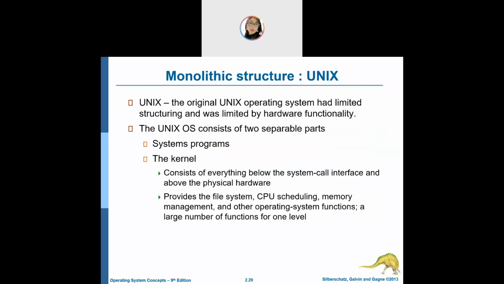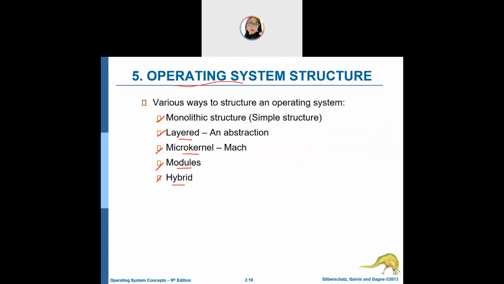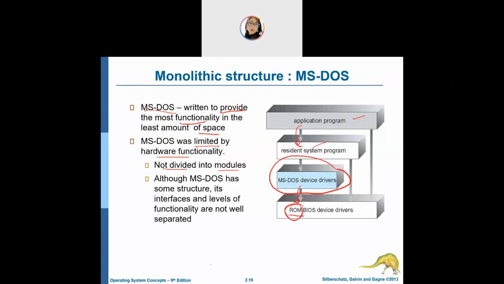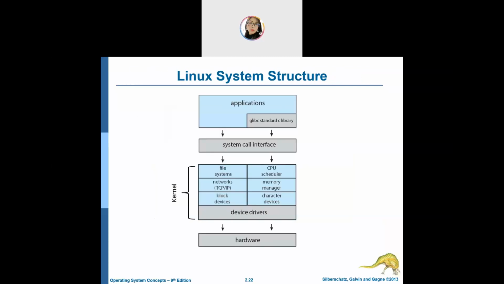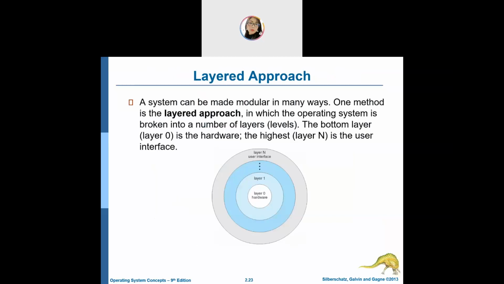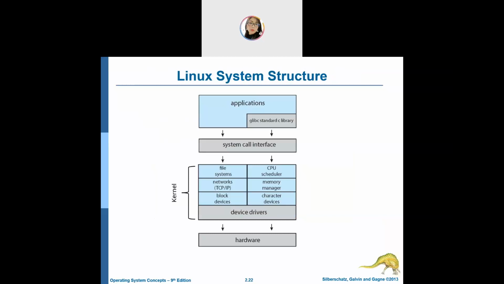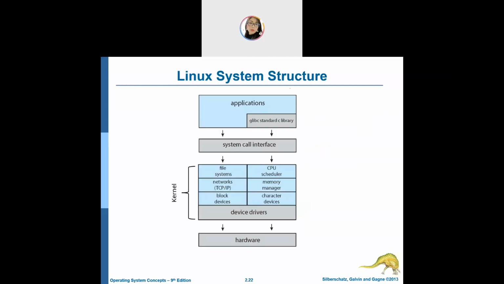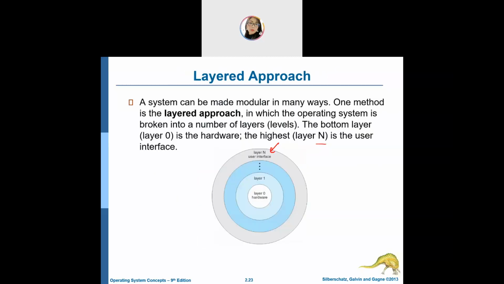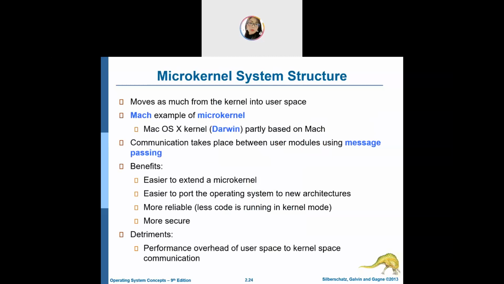There are several under monolithic structure. You have the Unix structure here, and of course it is related to your Linux system structure. In the layer approach, you are going to have several layers, with the user interface on top, so you can go through what is happening inside Linux.